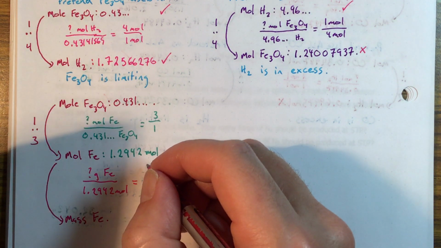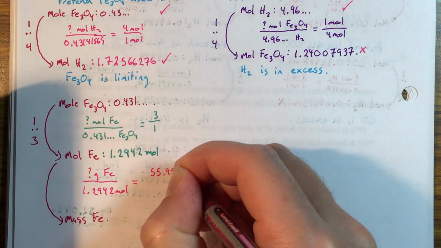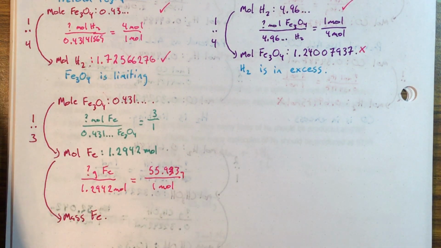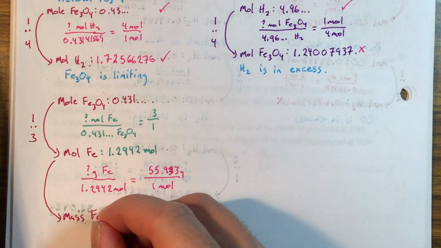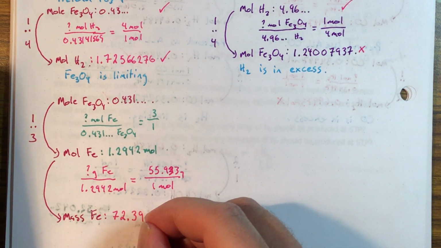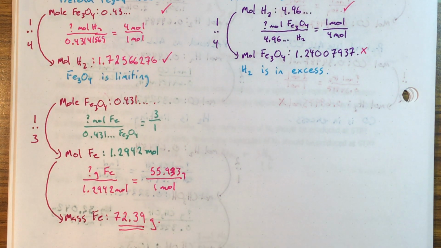If Fe has 55.933 grams in 1 mole, so I take my 1.29 and I times it by 55.933 and I get 72.3139 grams of Fe. That's my answer to the correct number of significant figures.